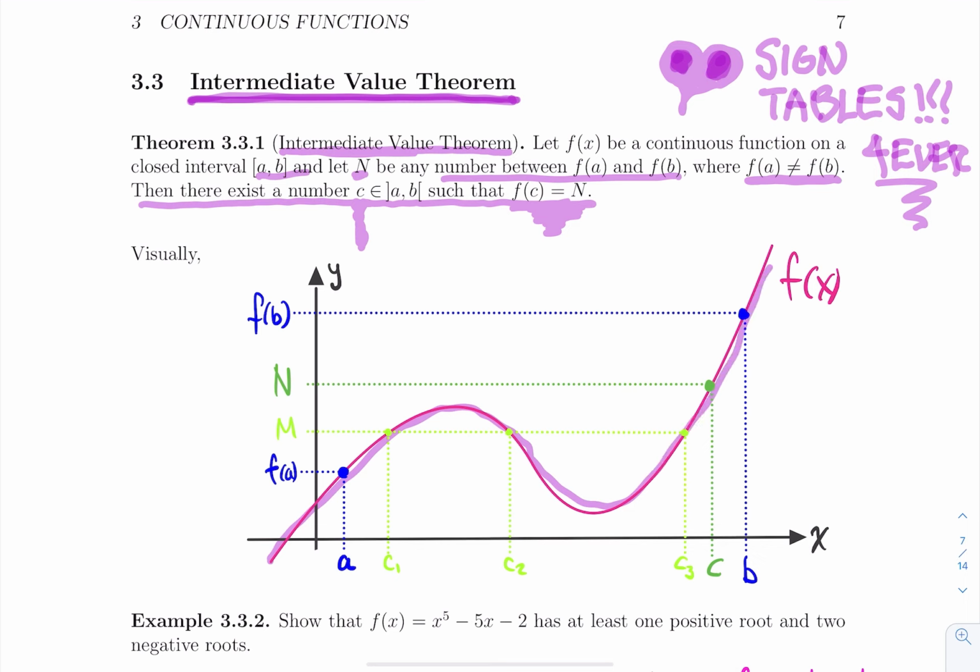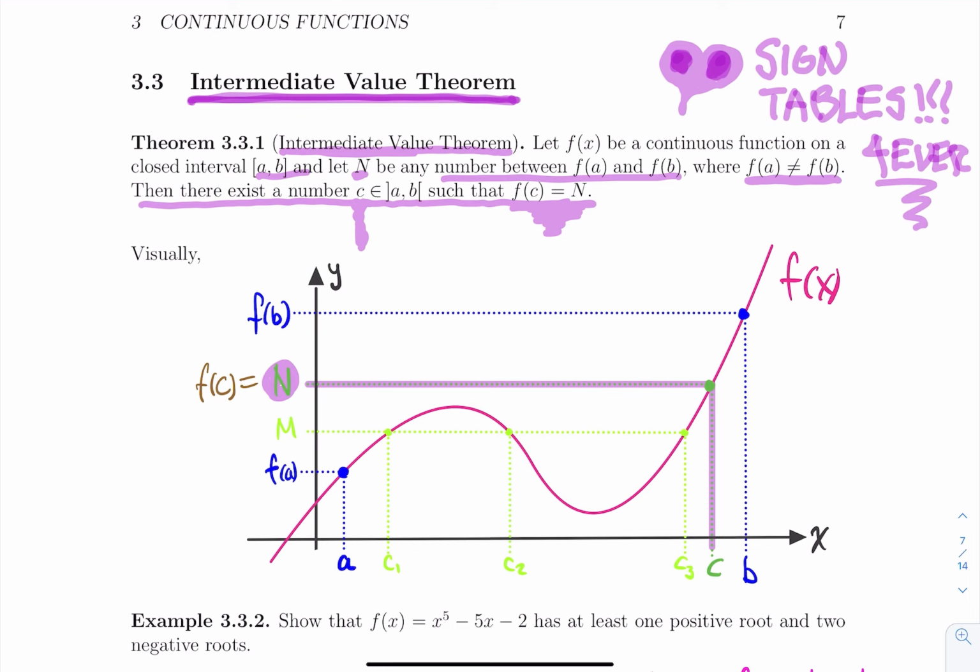So here in magenta, I drew a function f(x) over an interval [a, b]. And if you pick a number, let's say we start with n here, in between f(a) and f(b), then we see that there's a corresponding x between a and b, which I labeled c here, such that f(c) is equal to n.